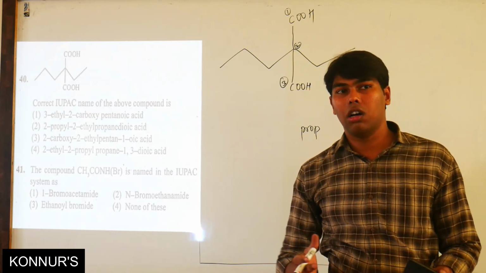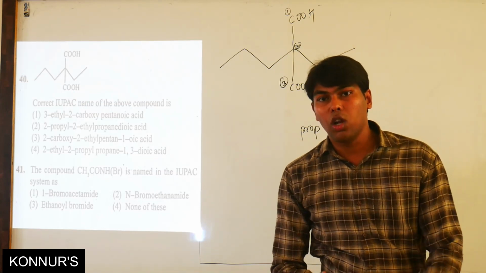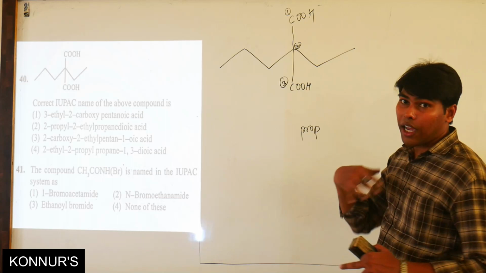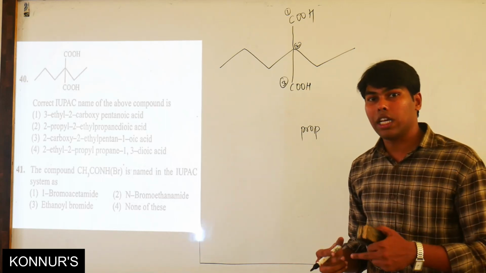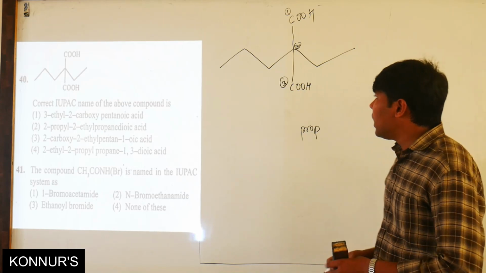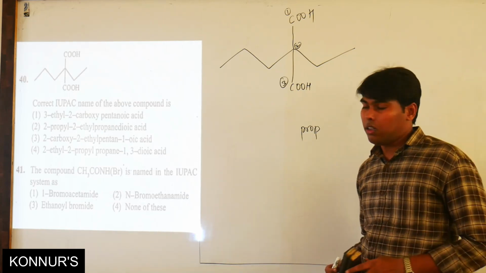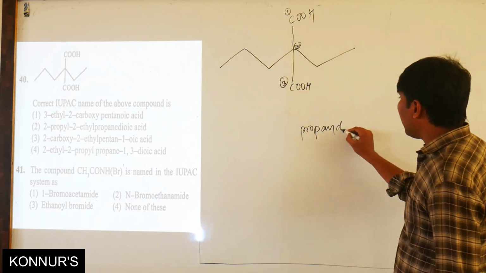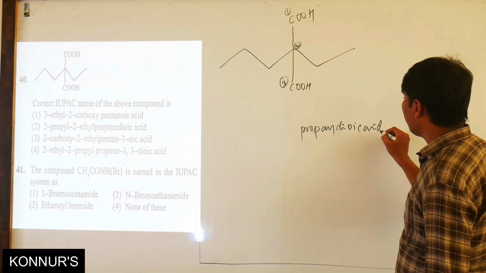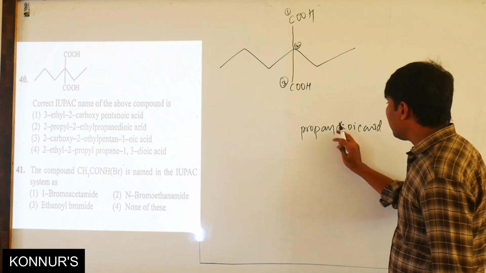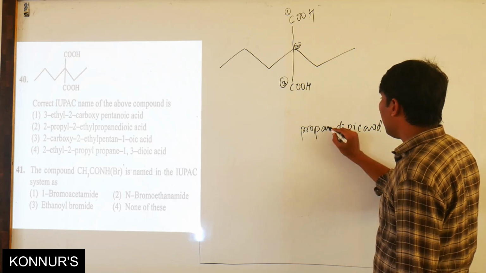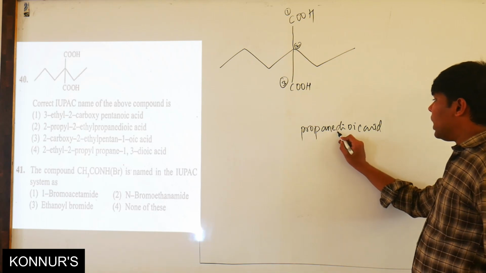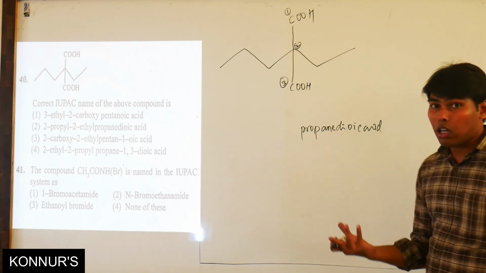We should not take their locants. If I speak about dicarboxylic acid or dioic acid, dioic acids will always be on a terminal. So propane dioic acid. Since dioic acid starts from a D, which is not a vowel, I will retain that 'e'.